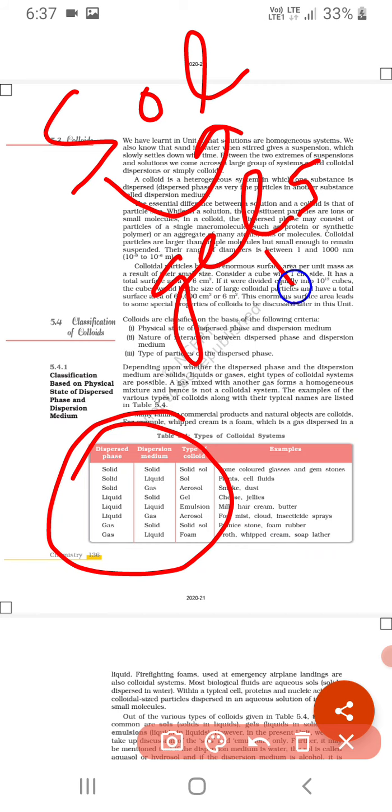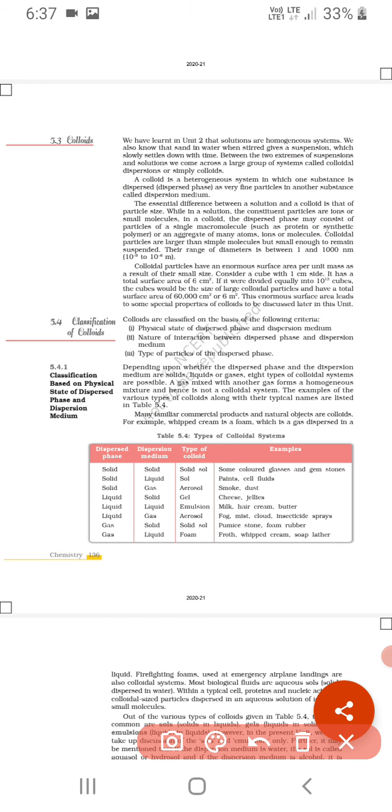Learn like this, liquid in solid, right? Emulsion means liquid dissolved in liquid. Water in milk, oil in water, they are all emulsions, right? And here the word is used as solid sol.